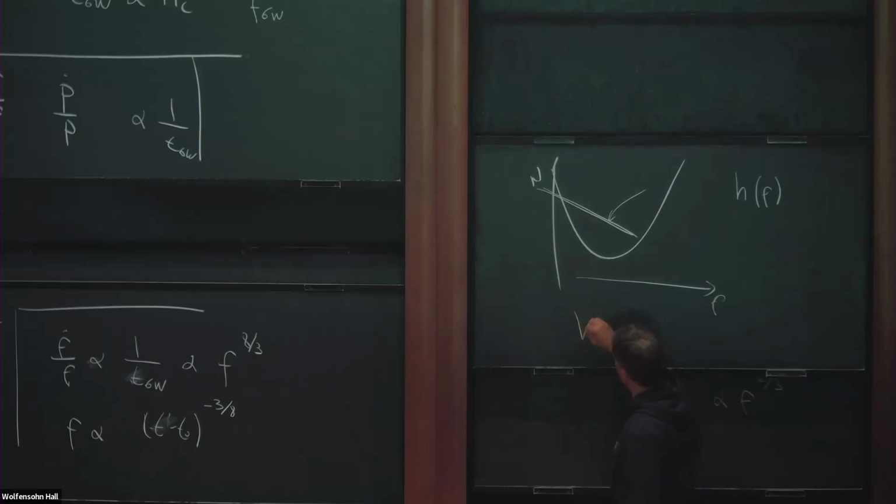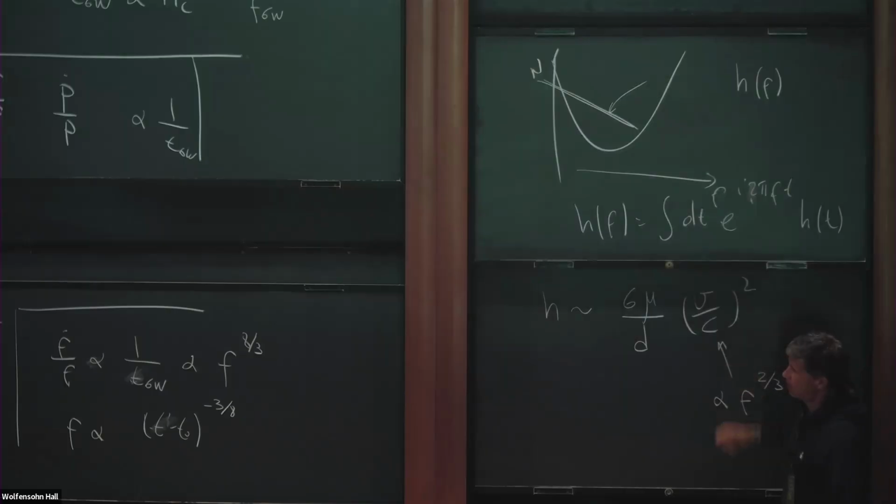So the Fourier transform of this, so it's h of f, say integral dt e to the i 2 pi f t h of t. So because of the chirp, the signal is not staying at a given frequency forever, right? So there's only a limited amount of time over which the signal is staying at any particular frequency.